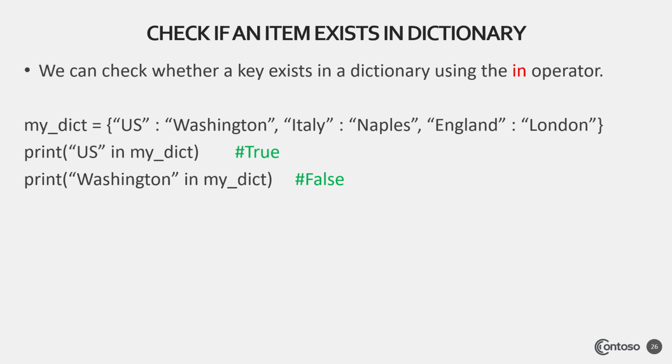Print Washington in my dict: Washington is present in the dict, but it is not a key, it is a value. We use the key to check whether an item exists in a dictionary. Washington is not a key, so it does not exist, and the output displayed is False.